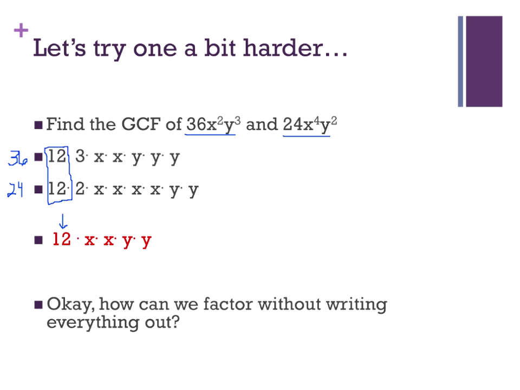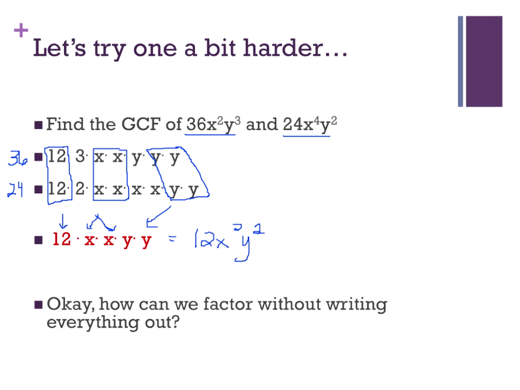We can see that 12 is in common for both of these numbers, or expressions. And then we look at the x's, and we see we have x squared in common. We have 2 x's in common in these expressions. And likewise, we also have 2 y's that are common in these expressions. So what we see then is we have 12 times x times y, or 12 x squared y squared is our greatest common factor.